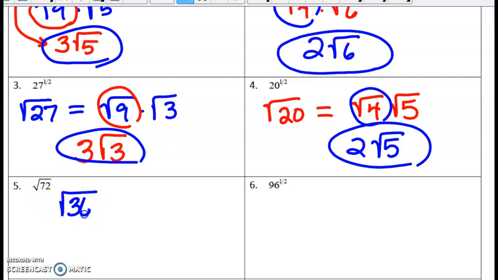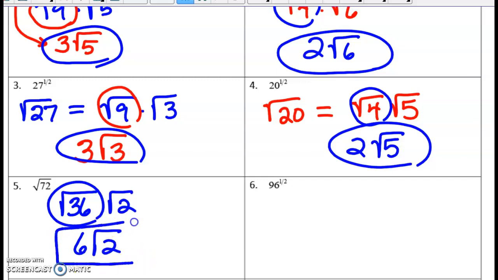So this would be 36 times 2. I know the square root of 36 is 6, so this would be, in simplified form, 6 root 2. By the way, 9 does go into 72, and even 4 goes into 72, but they're not the best. You need to pick the highest one.